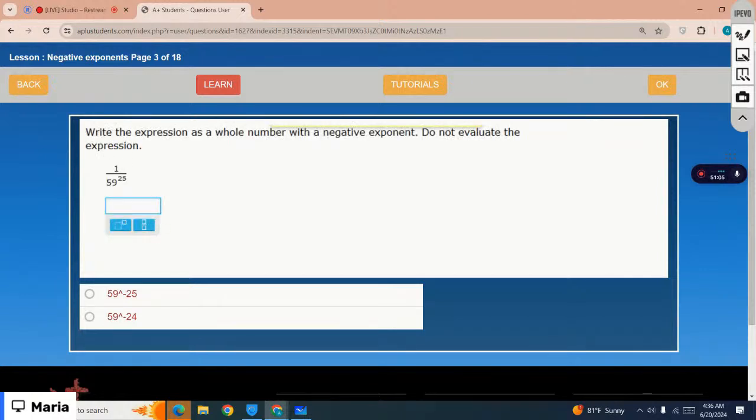One divided by 59 exponent 25. So which is the correct option, 1 or 2? Yes, option number 1 is the correct option.